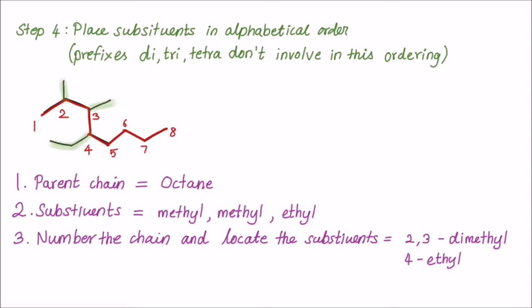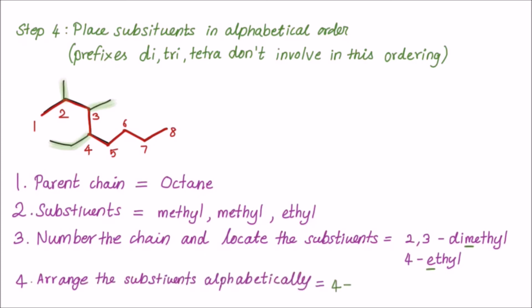Now what does step number 4 say? Place the substituents in alphabetical order. What does that mean? When you write the complete name of the compound, you have to arrange the substituents in alphabetical order. Here, ethyl starts with E, and dimethyl has M for methyl. Again, you should not count the di prefix.